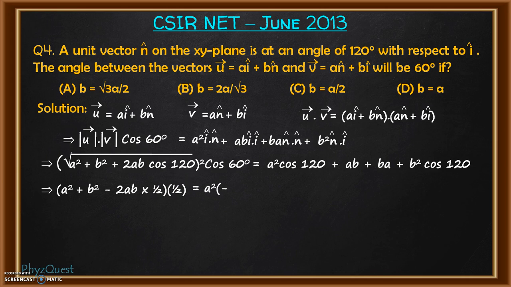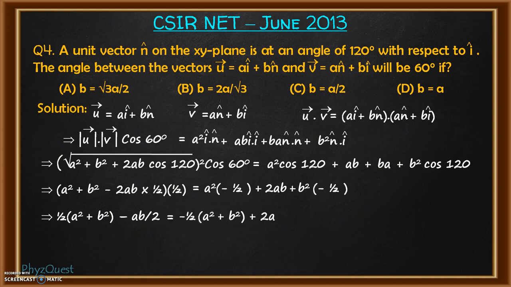This is equal to a square into minus half, plus 2ab, plus b square into minus half. Now again the left hand side will be half into a square plus b square minus ab by 2. Right hand side will be minus half into a square plus b square plus 2ab. So this will ultimately give a square plus b square minus 5ab divided by 2 is equal to 0.